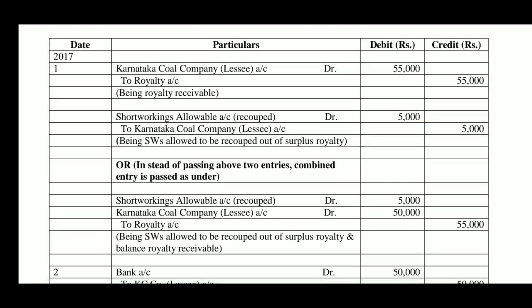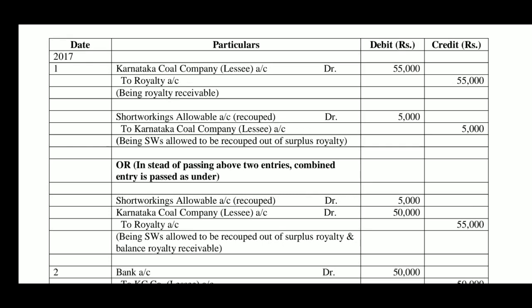Now, in the fourth year, that is 2017, here surplus royalty in 2017 and 18, similar entries will have to be passed because in both the years 17 and 18, we are observing surplus royalty. Therefore, in the years of surplus royalty, recoupment, if possible, is allowed to be made. Here up to 5 years the right of recoupment is available. Therefore, it has been allowed to the lessee. Therefore, with the amount of surplus royalty, recoupment is made.